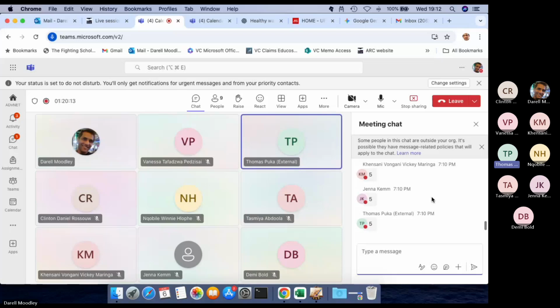Otherwise, how is the pass rate? How has it been in the past? That's a very good question. I've got to say this year, the mark scheme has been, for lack of a better word, stingy.